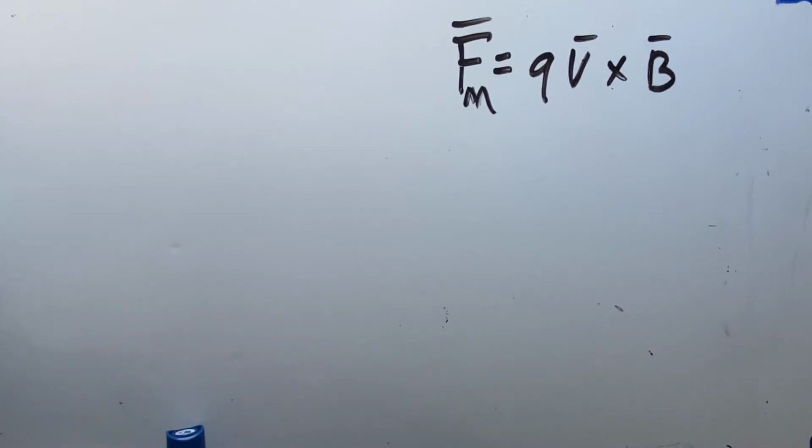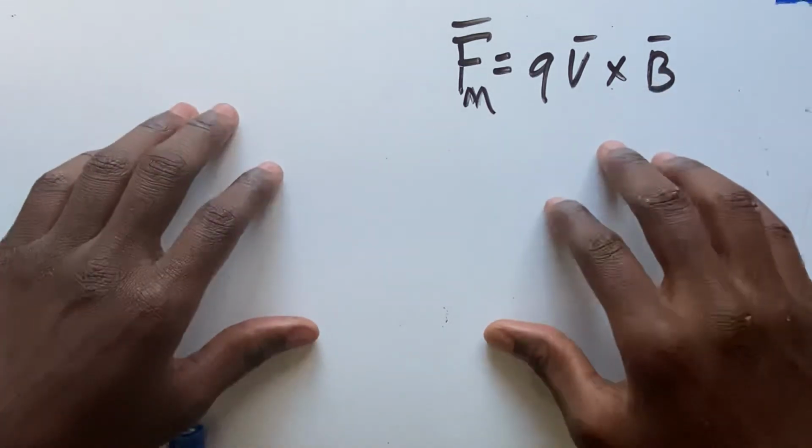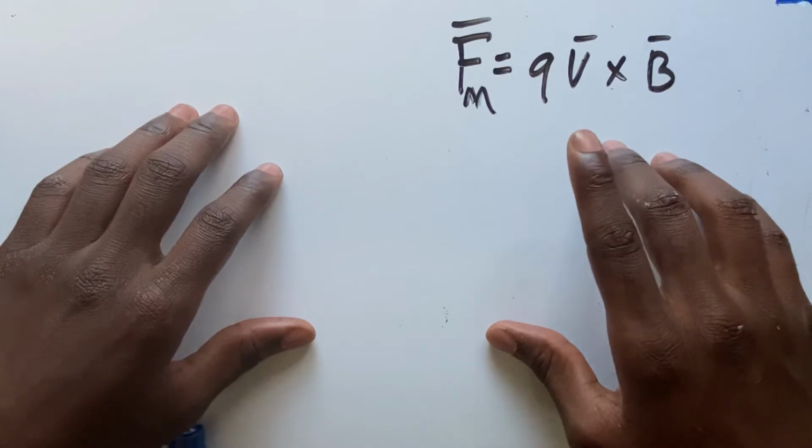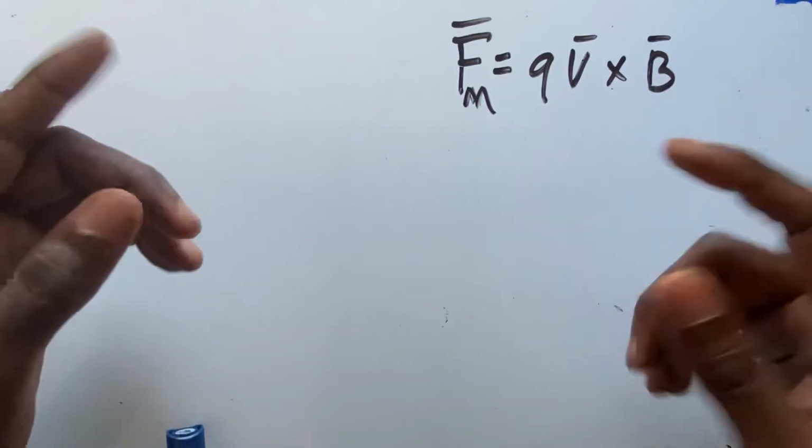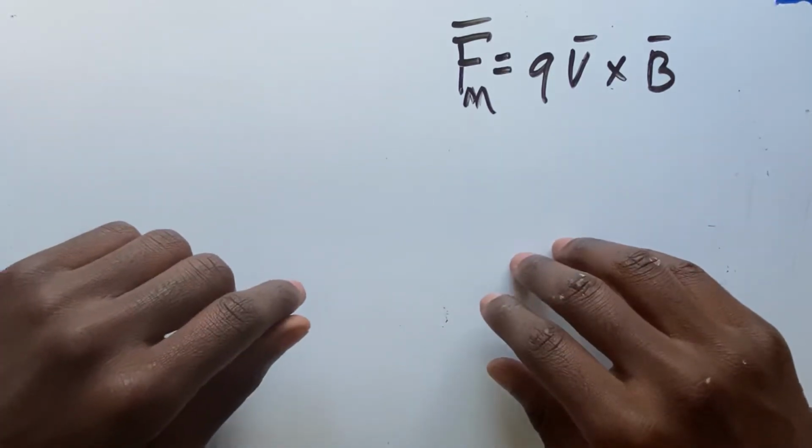Okay. So now we know that magnetic fields can be produced by moving charges, right?